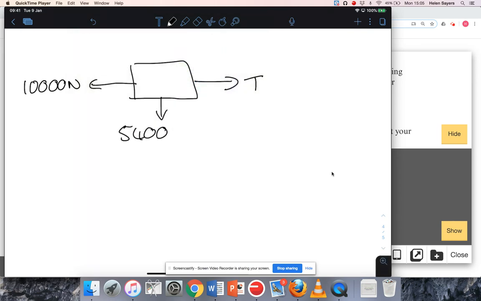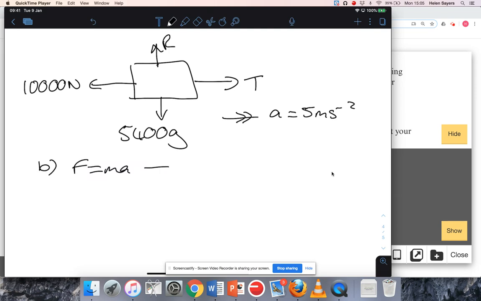kilograms, so the weight of the trailer is 5,400 g, and there is a reaction force. And I know that it's moving with acceleration 5 meters a second squared. Using F equals ma on the trailer and taking right as positive, T minus 10,000 newtons is its mass of 5,400 kilograms times the acceleration of 5.